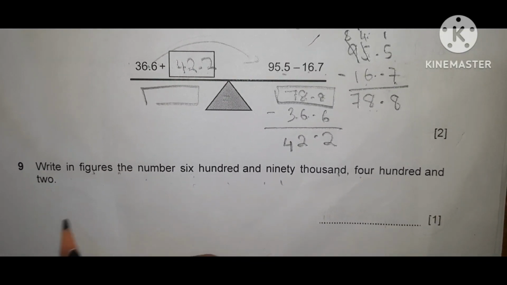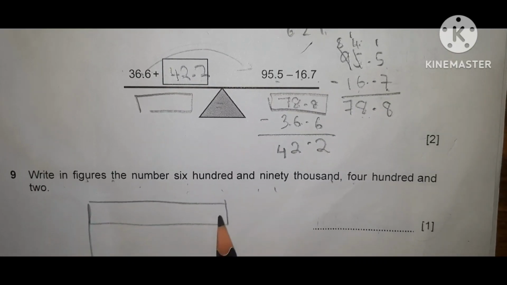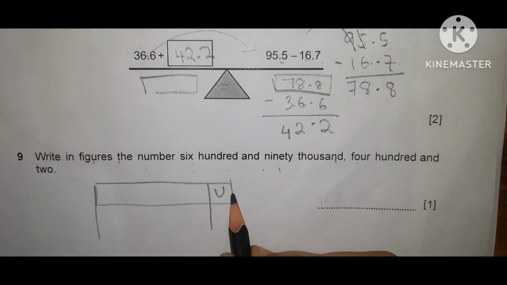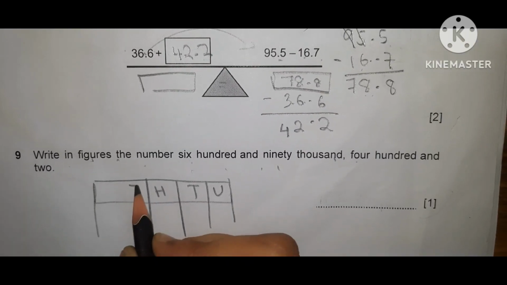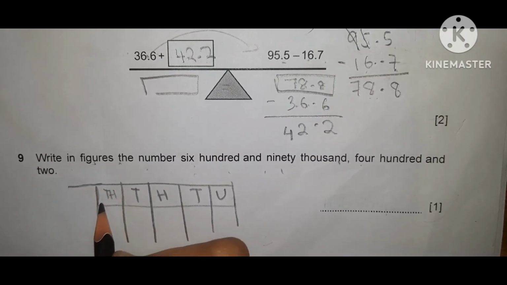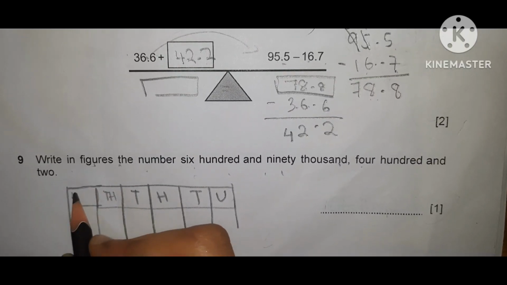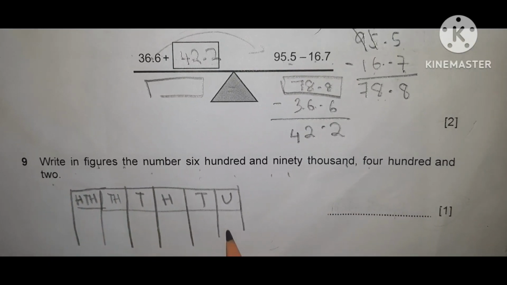Next, write in figures the number 690,402. So units, tens, hundreds, thousand, 10,000, 100,000. So it says for this is 2.